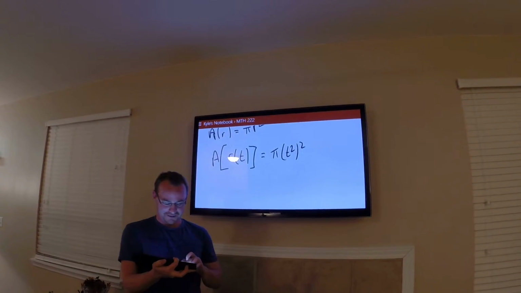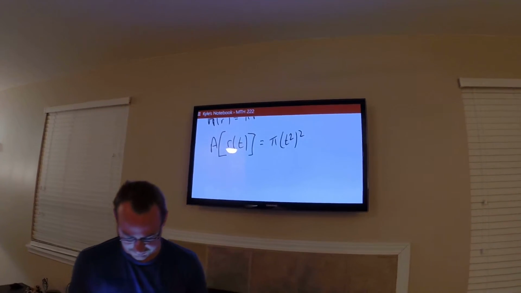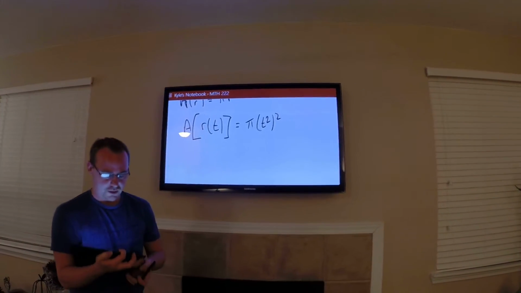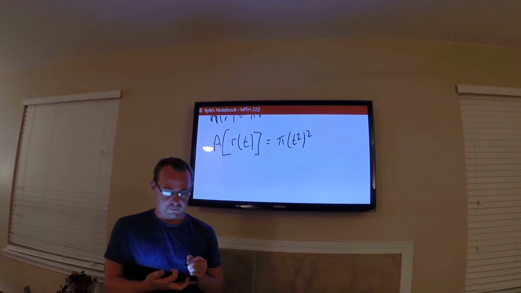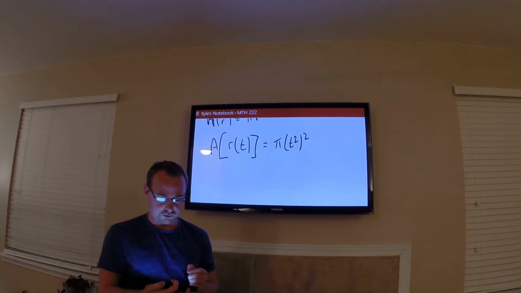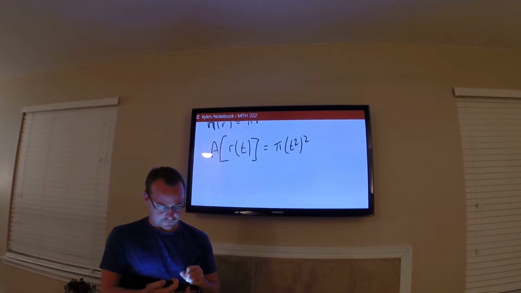Okay. So the second part of the question asks us to find and interpret this when t equals 100. So in order to do that, we would just plug 100 in for t.